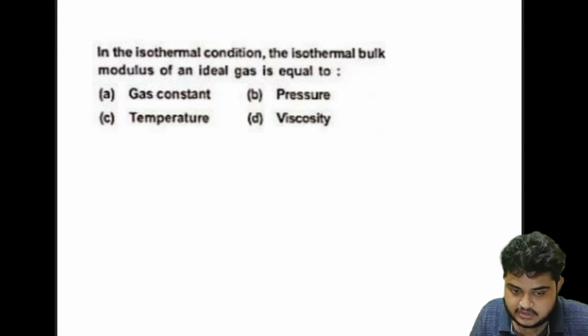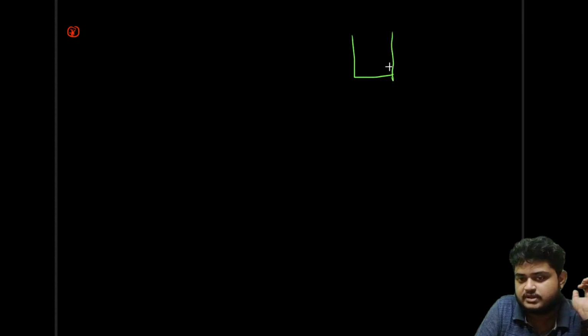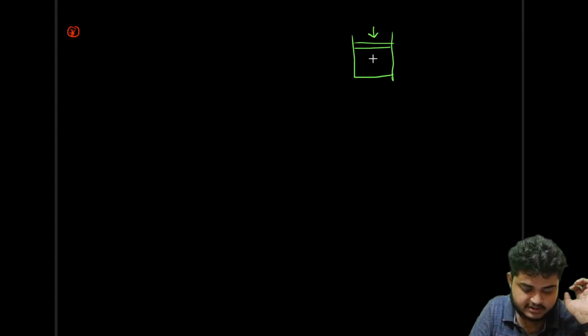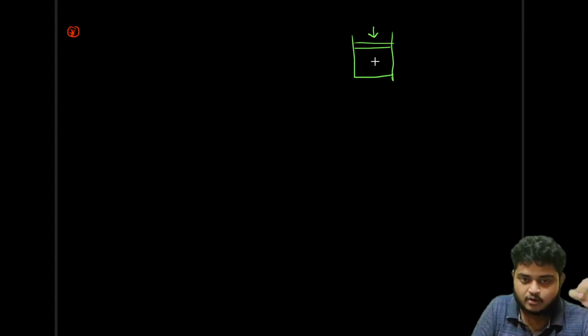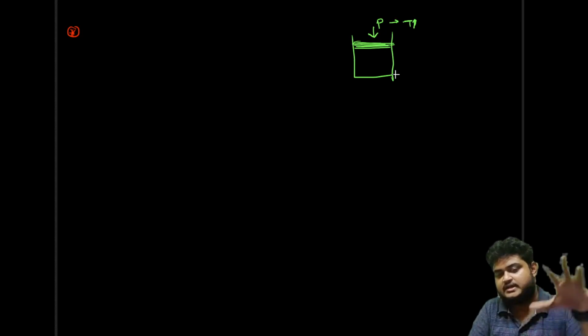This is a question which we have to again derive, right? So, isothermal condition for an ideal fluid. Isothermal means the temperature will remain constant in the system. When we exert pressure on a particular fluid, automatically with the increase of pressure the temperature will also increase, because it is a closed area.